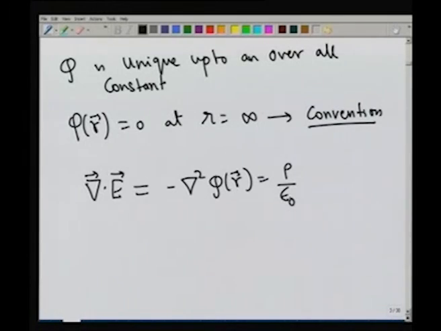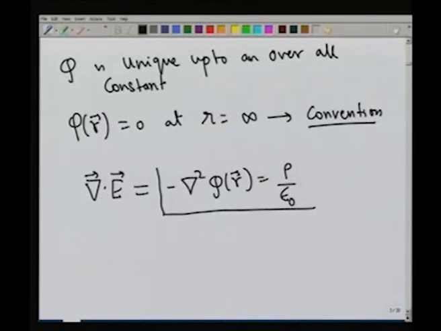In solving this equation, we are not directly solving for the electric field, we are solving for the potential. However, if I know the potential, I know the electric field, all that I have to do is to take a gradient, and therefore this equation is the fundamental equation which governs electrostatic phenomena. Because it is fundamental, it is given a name, it is a very important equation, and it goes by the name Poisson's equation.